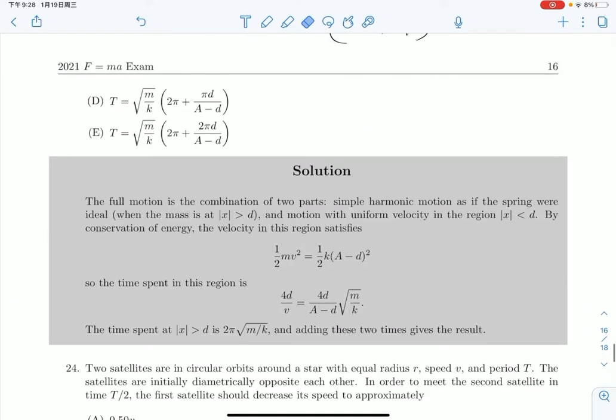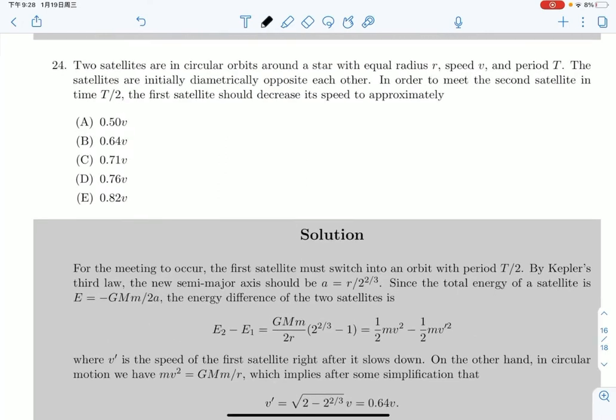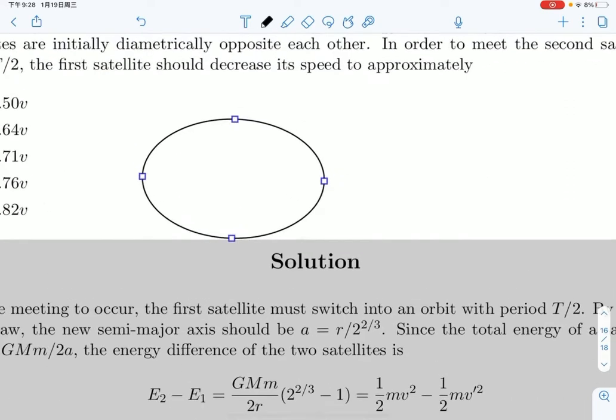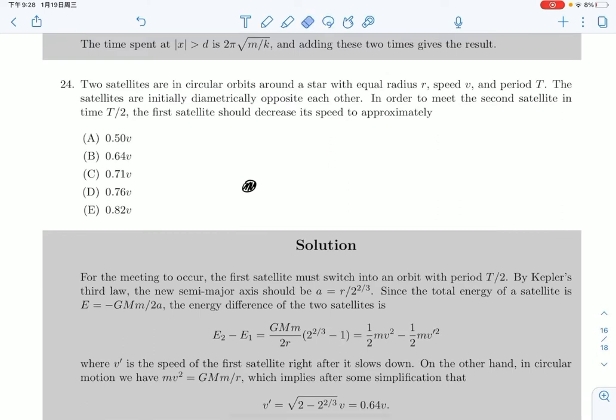Okay, question 24. We're almost done. And you will have a planet over here, and it is in a circular orbit initially.